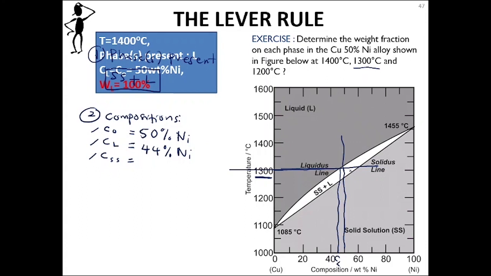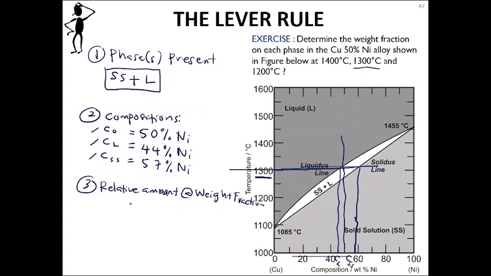To find the composition of solid solution, we draw a straight line from the intersection until we meet the solidus line, and then we draw down the line until the graph. So over here, the composition of solid solution is around 57% of nickel. Please remember to draw a straight line downward. I'm using a computer, so it's a bit hard for me to draw a straight line downward.